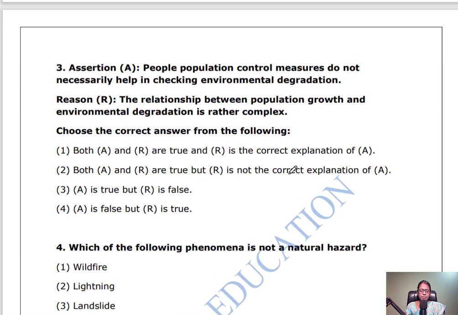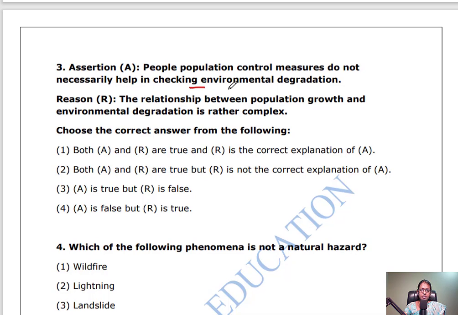The next question. Assertion: population control measures do not necessarily help in checking environmental degradation. Yes, because the population will create environmental degradation.